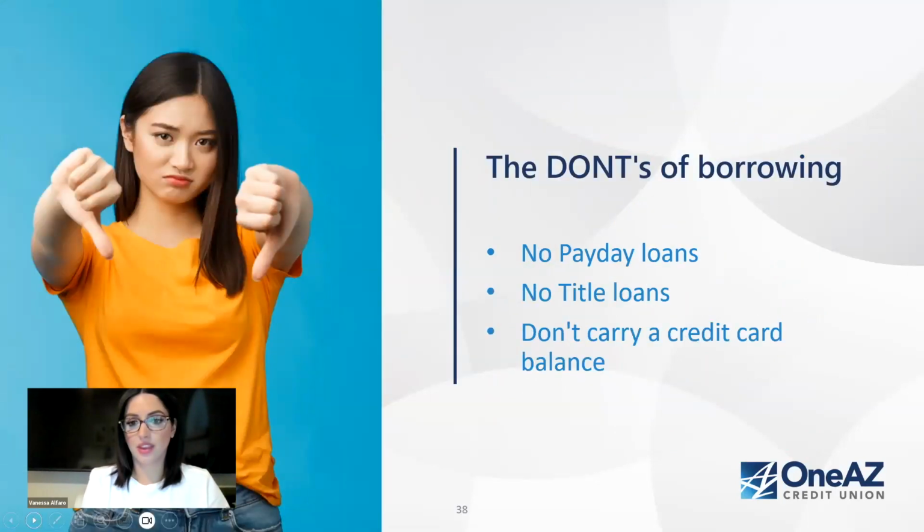Okay. Don'ts of borrowing. We saw those: predatory lending, payday loans, title loans, and don't carry a credit card balance. Now, that one to me, I would choose different words because sometimes we have to carry that, right? If we had an emergency and we could pay for it ourselves, well, I would have just paid for it, right? But just try to pay it down as soon as you can, and look at your utilization. Again, that 30% mark is where you can really increase your score.